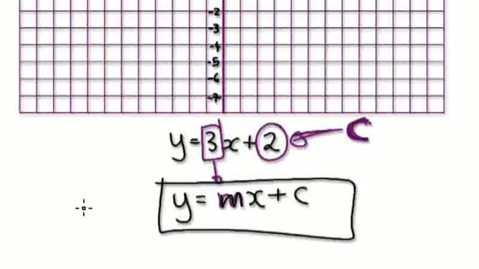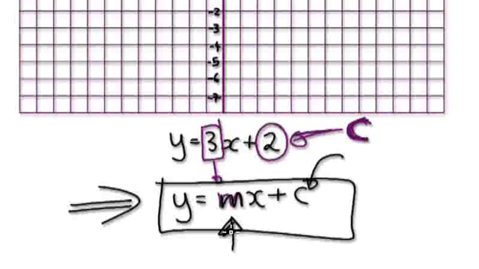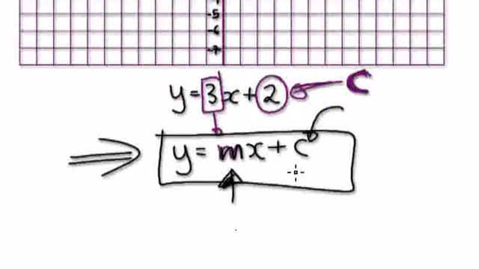This is the form I'm going to use from now on. So rather than saying 3x plus 2, I'm going to say y equals mx plus c. c is the intercept and m is the gradient. Just accept it for the time being. So just remember m is the gradient and c is the intercept.